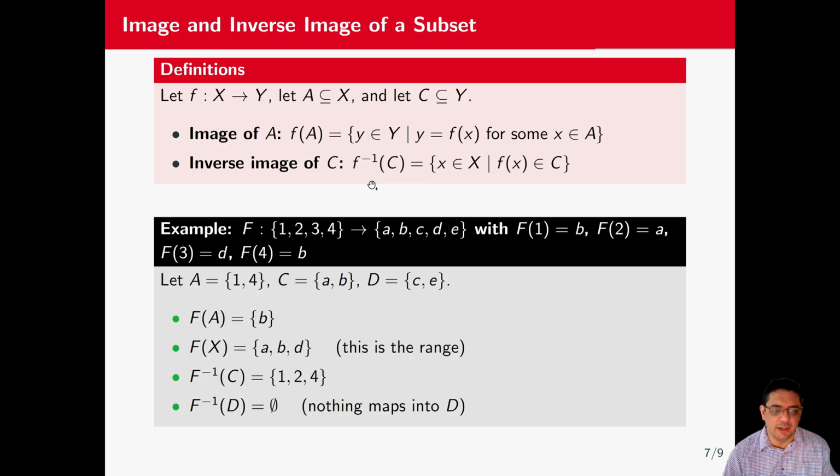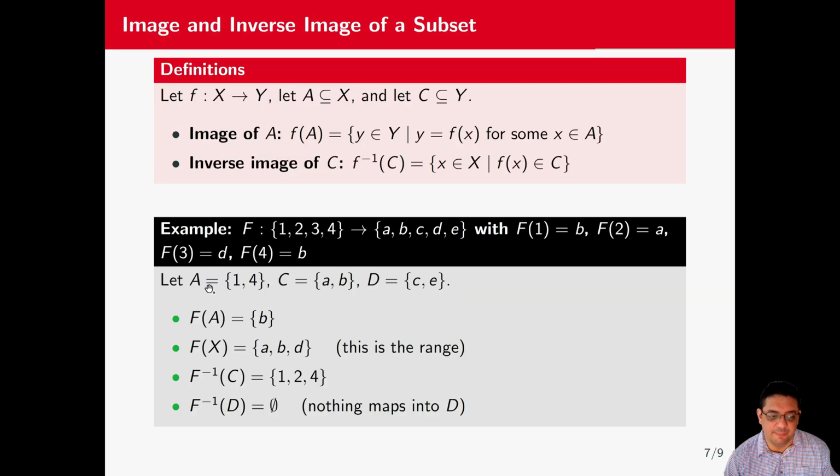Let's talk about one example for these definitions. So consider the function that sends 1, 2, 3, 4 to the letters a, b, c, d, e, with the relationship f of 1 equals b, f of 2 equals a, f of 3 equals d, and f of 4 equals b. So let's consider some sets. Let's say A is going to be {1, 4}, C is going to be {a, b}, and D is going to be {c, e}.